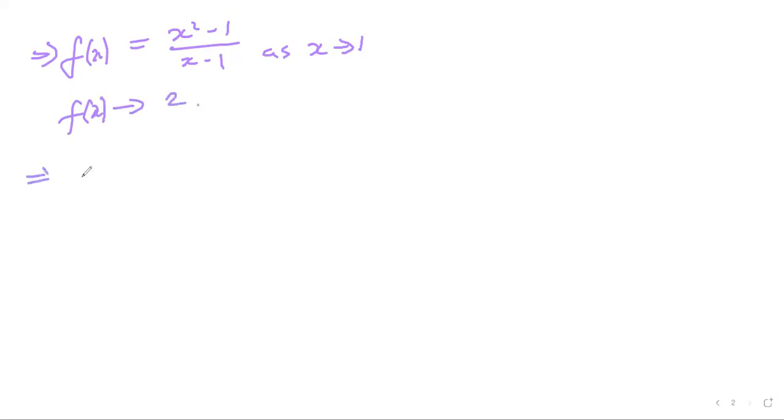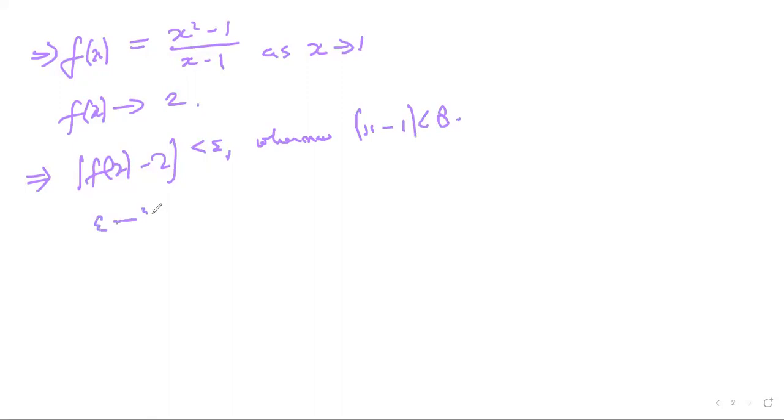This means that the absolute value of f of x minus 2 is less than epsilon whenever x minus 1 is less than delta. Now, this is the epsilon-delta definition of limit.